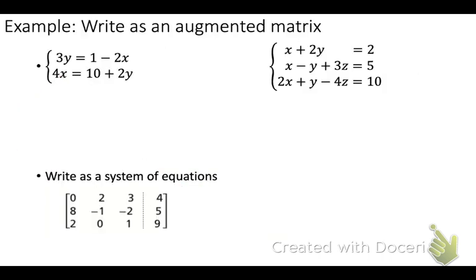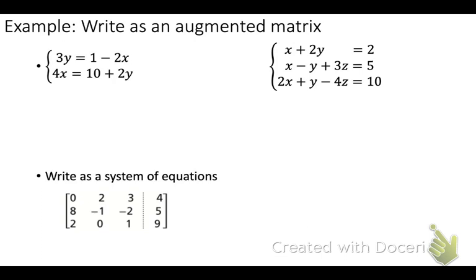So, write an augmented matrix for 3y equals 1 minus 2x and 4x equals 10 plus 2y. Make an array. Does that look like it should look? No. I need to get the x's and y's on the one side.